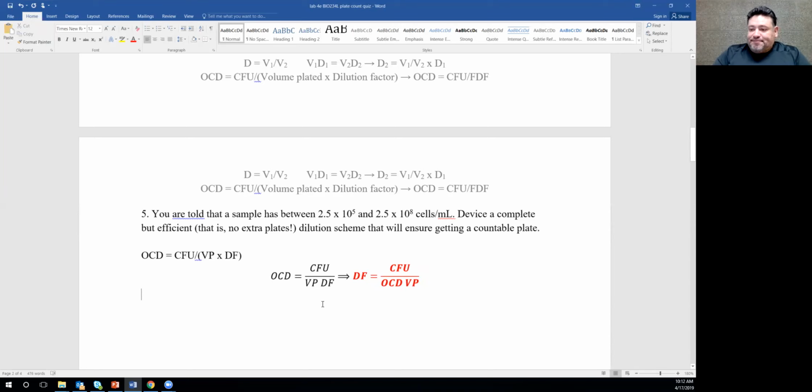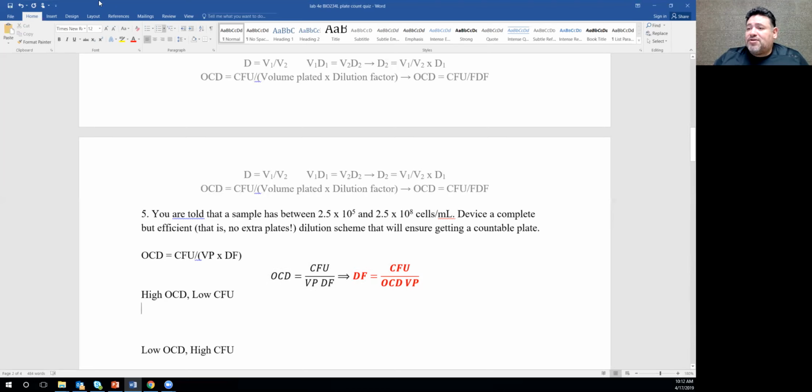So we choose high OCD, low CFU. That's one permutation I have to do. The second permutation is low OCD, high CFU. You can do all four if you want to, but it's going to be a waste of time because I know this happens to work really well.